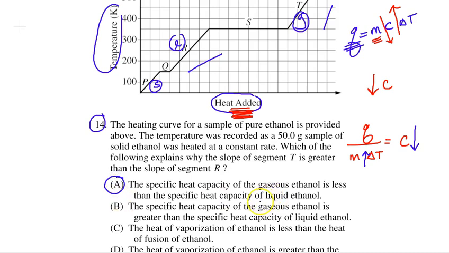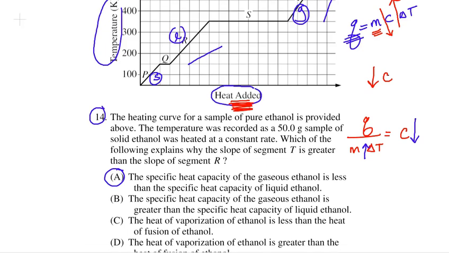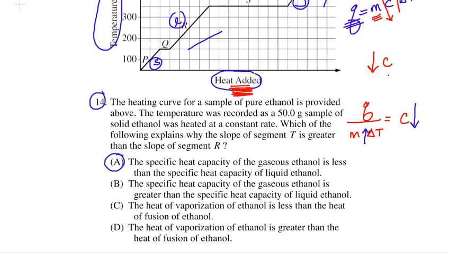Okay? And of course, C and D make no sense because we're talking about the heat of vaporization of ethanol. Heat of vaporization is the energy needed for the phase change. We start here and end it here. We can see that it takes a lot more energy for the liquid to become a gas than it would be for a solid to become a liquid.